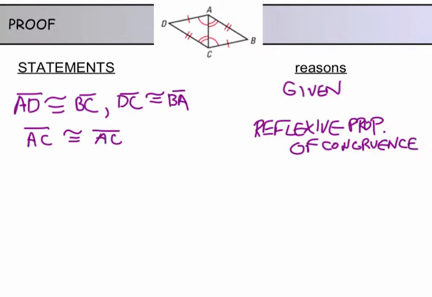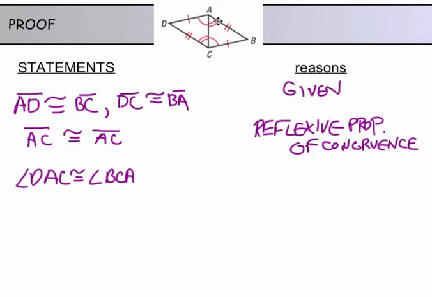So now we proved that the sides are all congruent. Now let's work out the angles. We know that angle DAC has to be congruent to angle BCA, again because these both have one line on the angle.